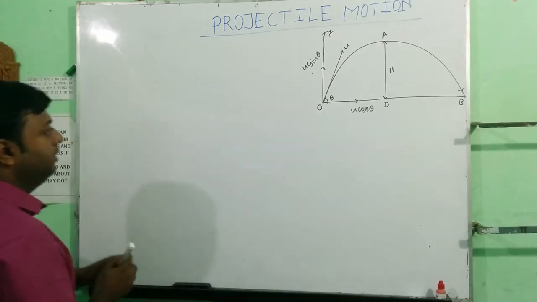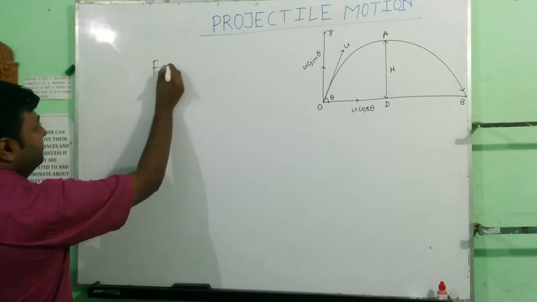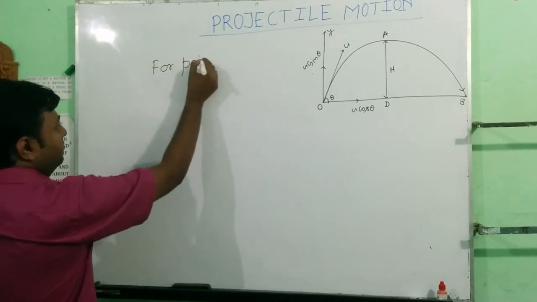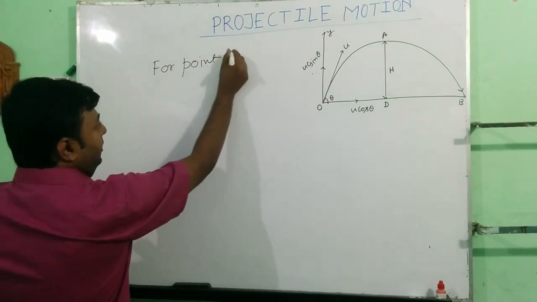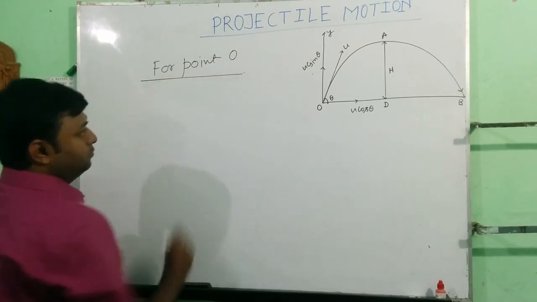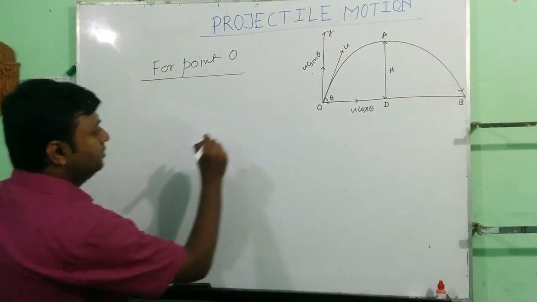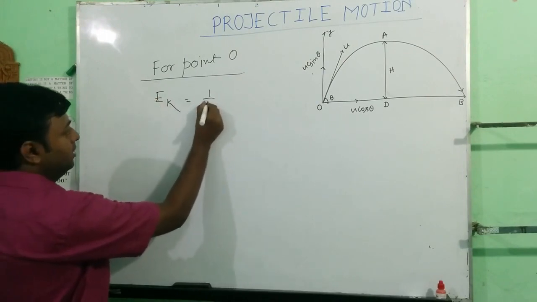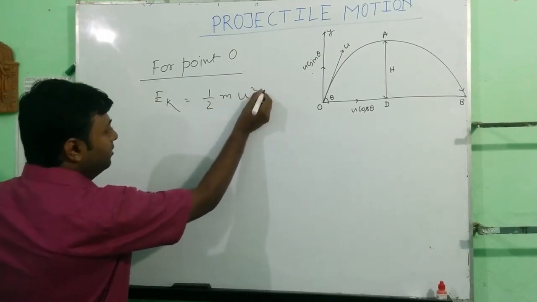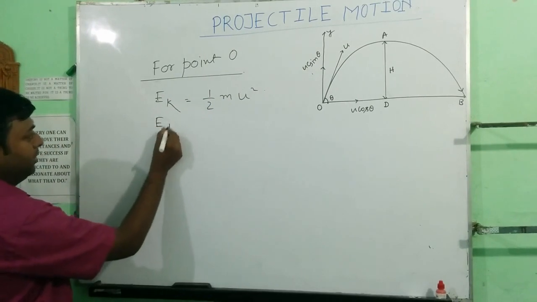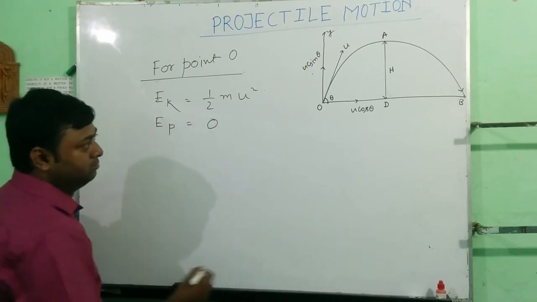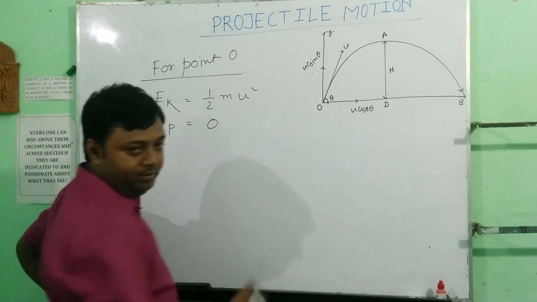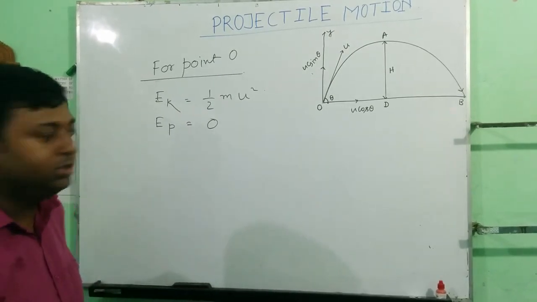For point O, the kinetic energy is half m u square and the potential energy is 0, because this point has no height.